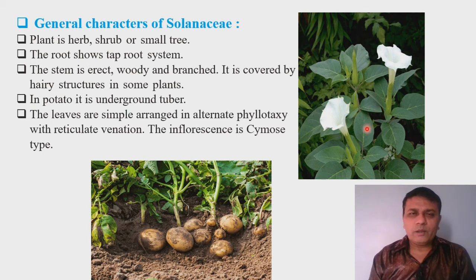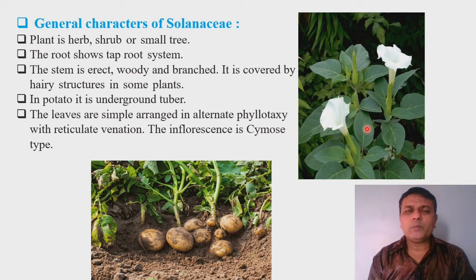Now you know that phyllotaxy is the arrangement of leaves on the branch. So the plants belonging to family Solanaceae show presence of alternate phyllotaxy. In this diagram we can see alternate phyllotaxy.